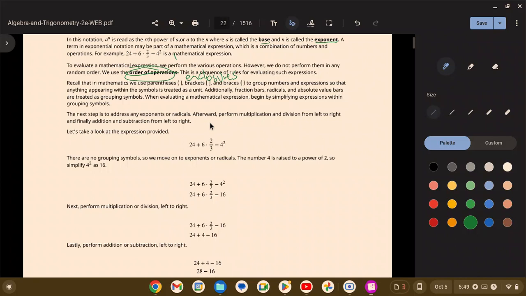There are no grouping symbols, or, as I called them, enclosures, so we move on to exponents or radicals. The number 4 is raised to a power of 2, so simplify 4 squared as 16.